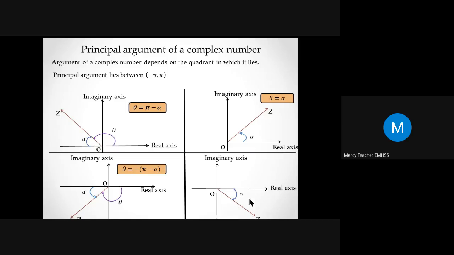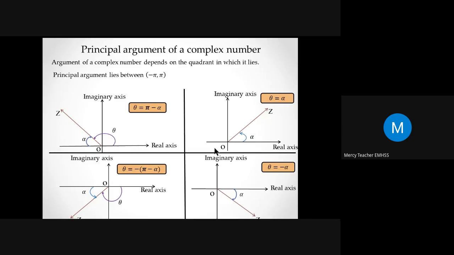Exactly, it is similar to the first quadrant, but the direction alone changes. Therefore, the principal argument theta is equal to minus alpha. Clear? So this is a very important concept to find the principal argument, so try to listen carefully.